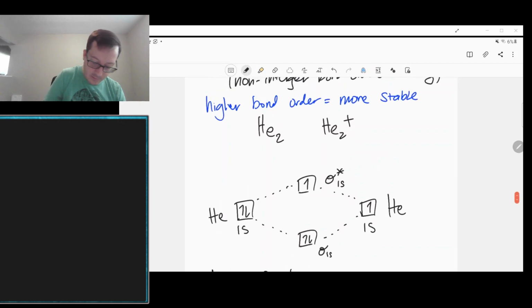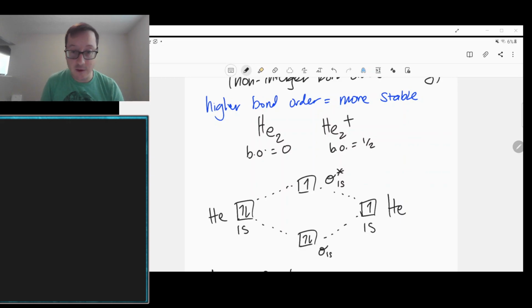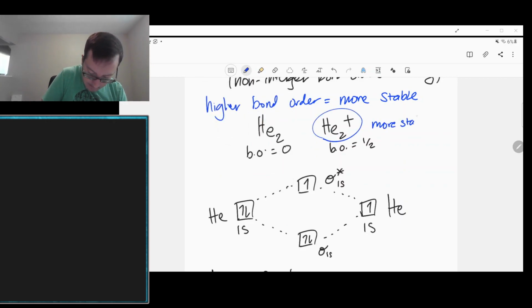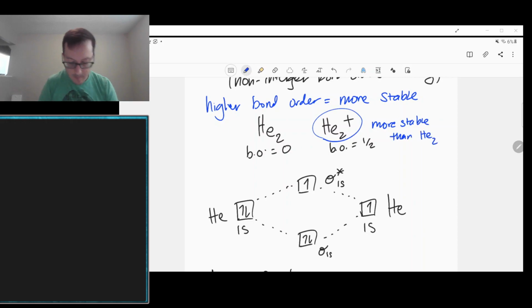We saw that the bond order for He2 was 0. The bond order for this one is 1/2. 1/2 is greater than 0. So we would say that this species would be more stable, because it has a higher bond order.